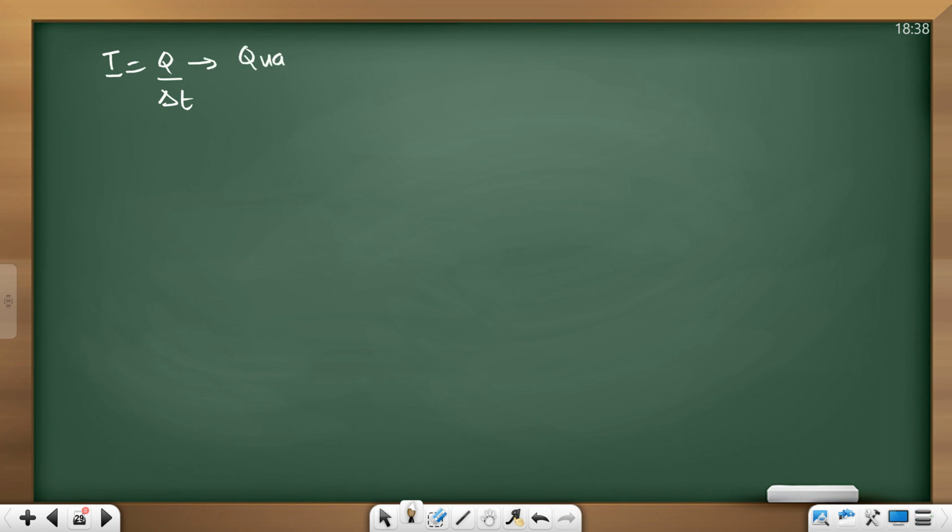Q is what? The quantity of what? Charge. Combine this with electrostatics. In electrostatics, n equals Q over Qe, where Qe is the charge on an electron.